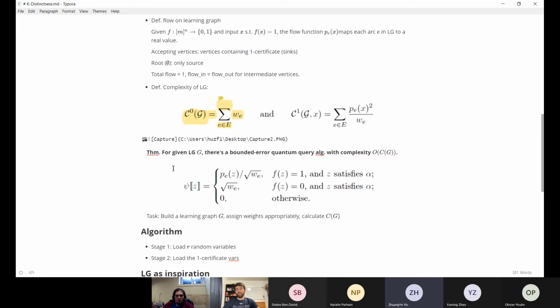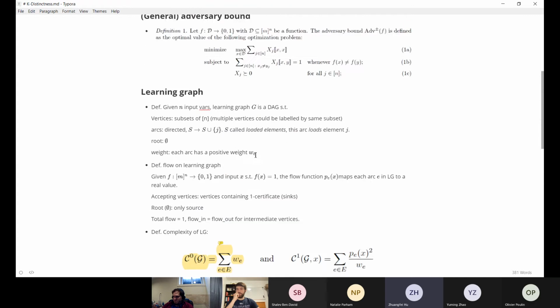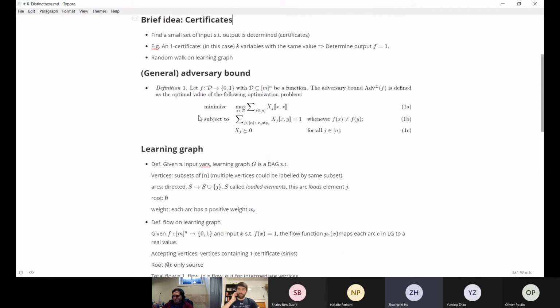For this vector, we could define a corresponding semi-definite matrix Y alpha, which is phi multiplied by phi star, and if we sum this observable over all possible assignments and all edges, we could verify that this is indeed a valid solution, which satisfies both of these two constraints.